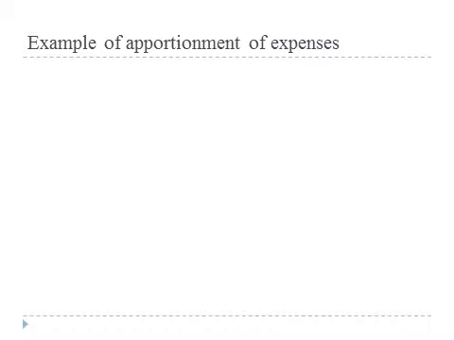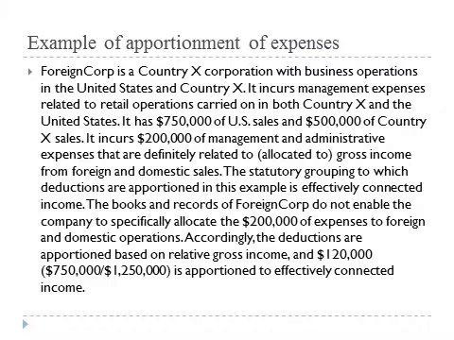Here's an example of the apportionment of expenses. Foreign Corp is a Country X corporation with business operations in the United States and Country X. It incurs management expenses related to retail operations carried on in both Country X and the United States.